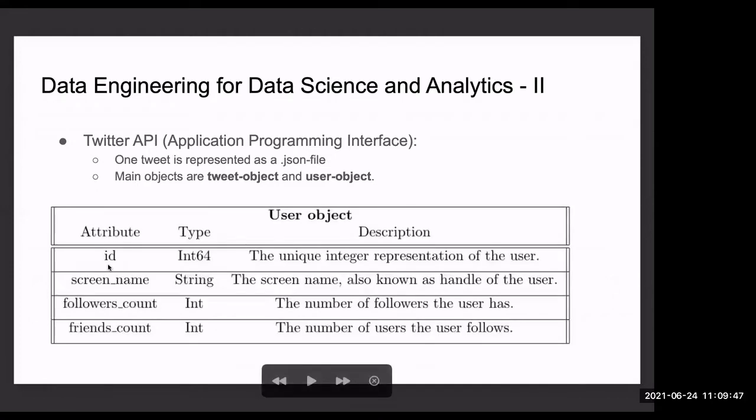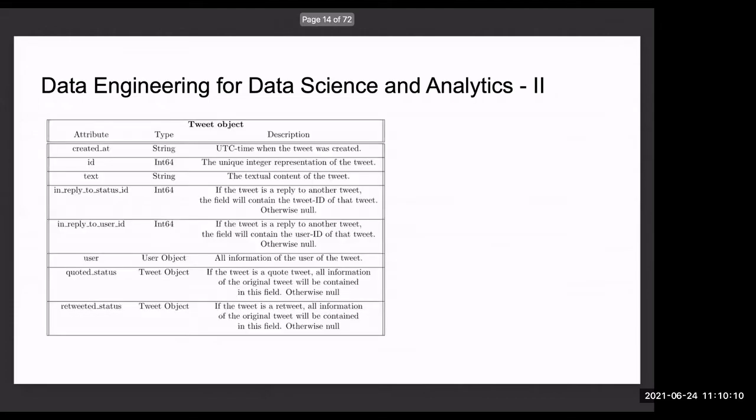For the user object, the relevant part is that we have a unique ID for every user, and for every user we can get the number of followers and the number of friends this user has. Friends meaning the number of accounts that this user follows. So it's not a friend in the sense of a mutual relationship.